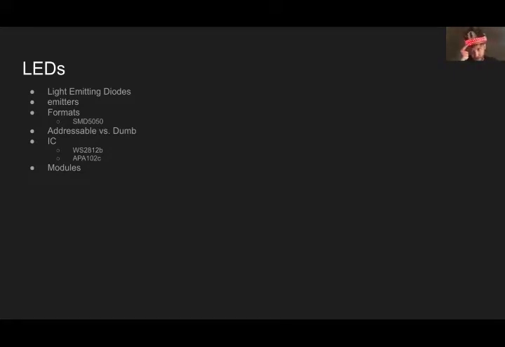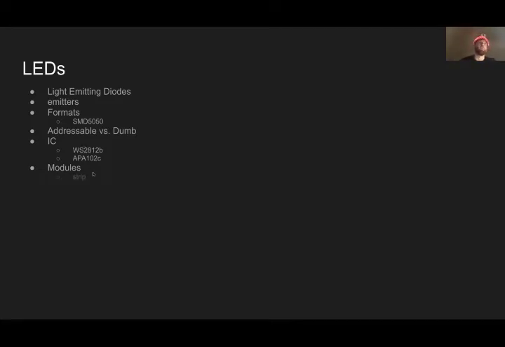Now, what you're seeing in this hat is one emitter per address, one emitter per IC. And that means that essentially you've got a pixel associated with an address. This doesn't have to be the case. You could have multiple pixels associated with a single address.